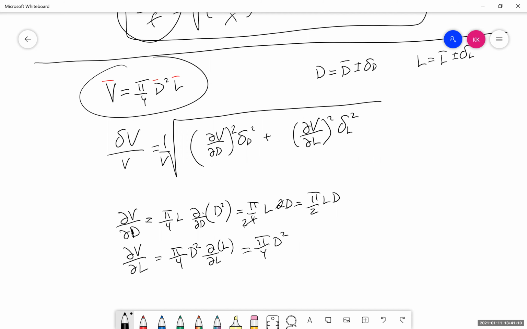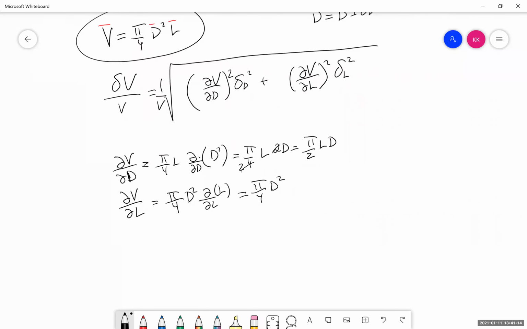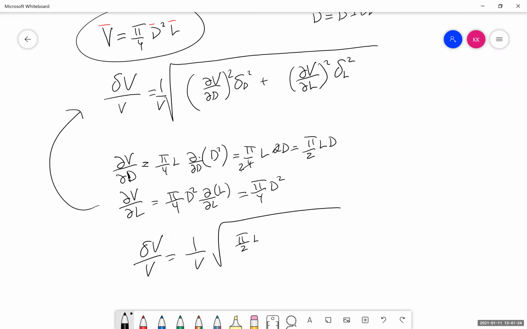All right. Now I would plug this into the equation here. So I have delta V over V equals 1 over V times the square root of pi over 2 L D squared times sigma D squared, plus pi over 4 D squared times sigma L squared.